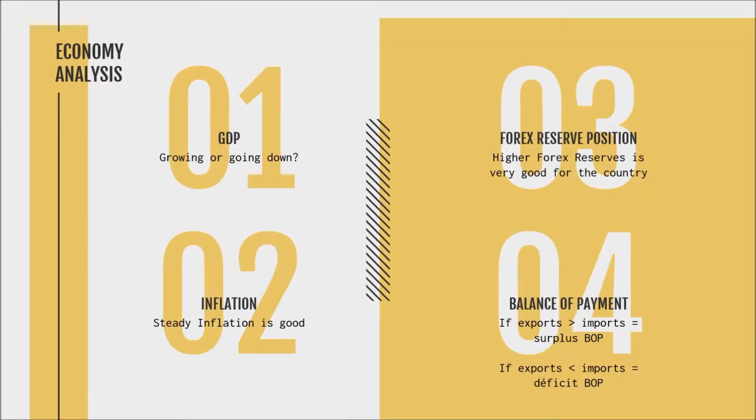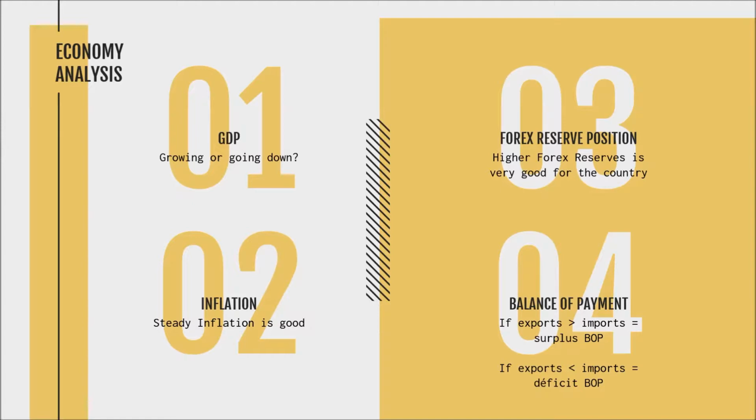So, economy analysis. Here are just a few things that you might want to look at when you're analyzing the economy. There's so much more, but here's just a brief overview. GDP. Is it growing or is it going down? Check out the inflation rate of the country. Steady inflation is good, but too much or too little inflation is very bad for the country.